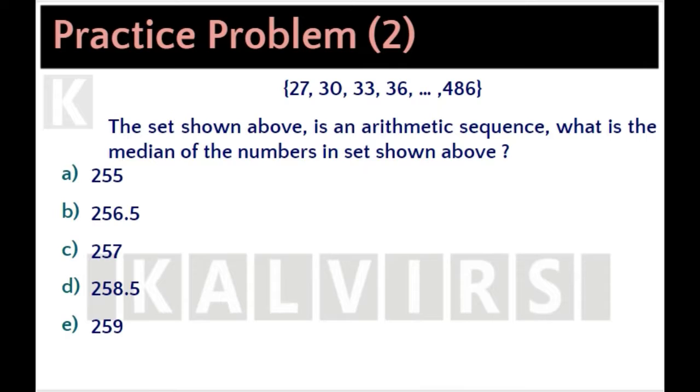The set shown above is an arithmetic sequence. What is the median of the numbers in the set shown above? Now, first of all, the median is the central term. So, do we need to find the number of terms of this sequence in order to find the median?